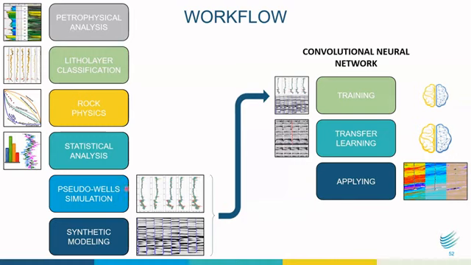The next step is statistical analysis. As you remember, on the little layer classification step, we obtained the little layer log, the facies log. And here on this statistical analysis step, we need to establish statistics for each of those little layers.